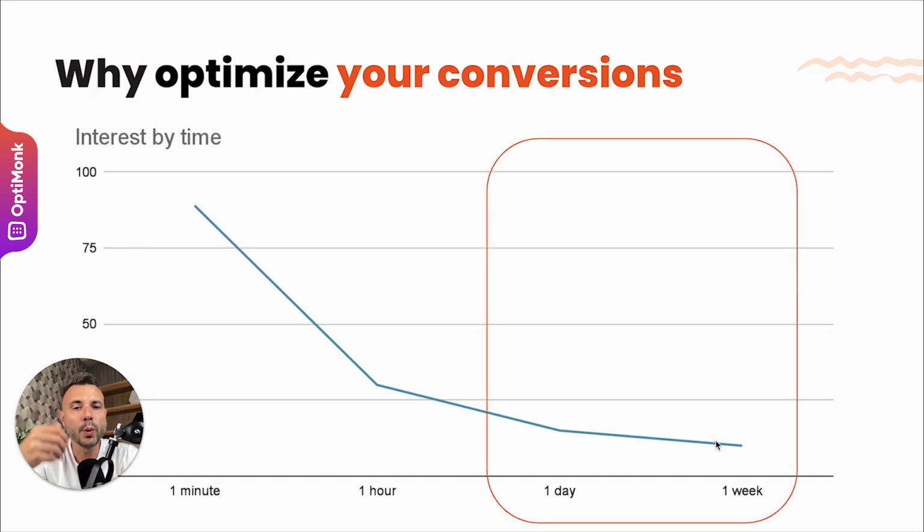And with all the marketing techniques, with all the email, SMS marketing, we attack these users basically with messages after this initial high interest period. And with conversion rate optimization, what we can do is really leverage this high interest and work with the user and help them in this early period when their interest is still the highest.